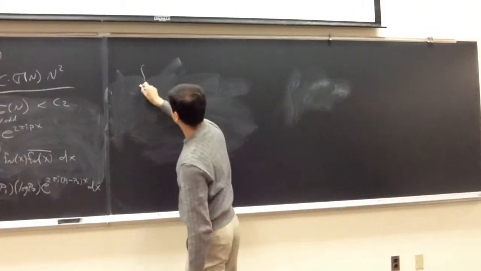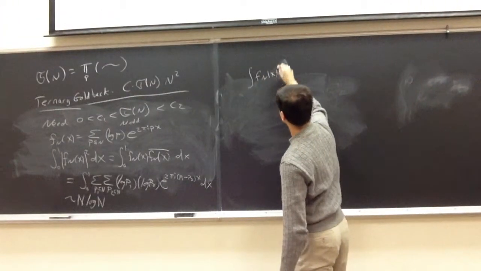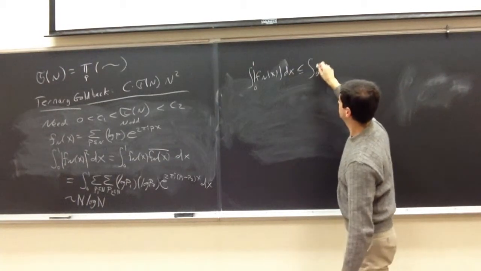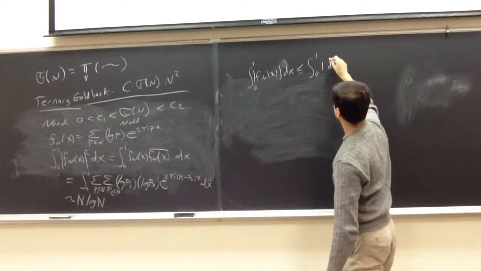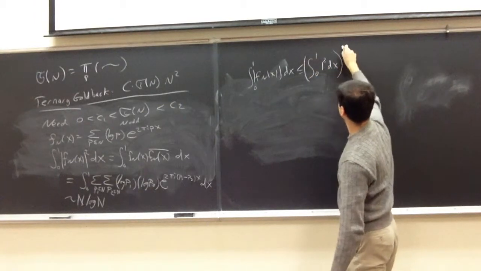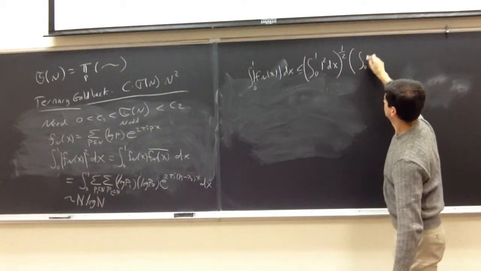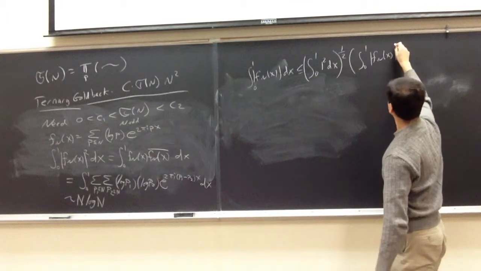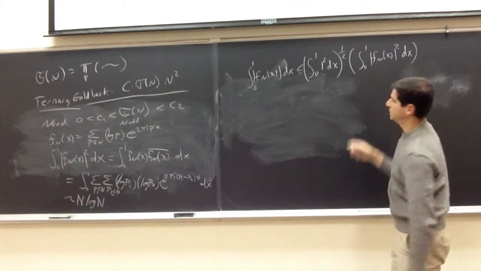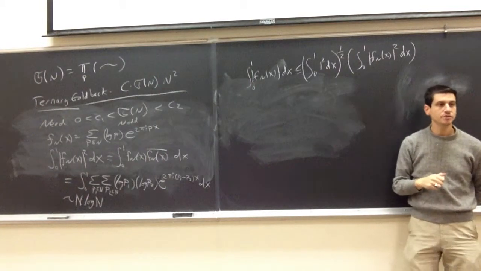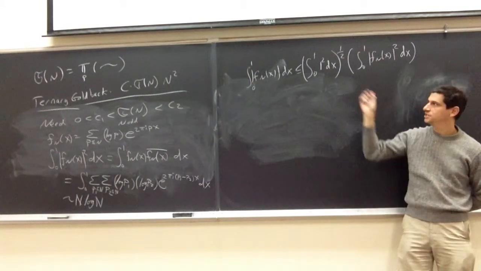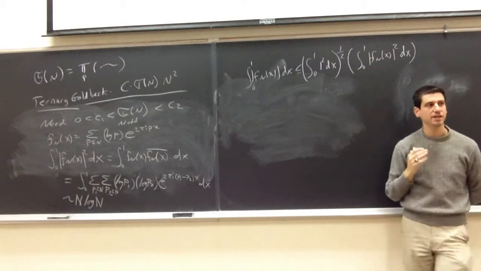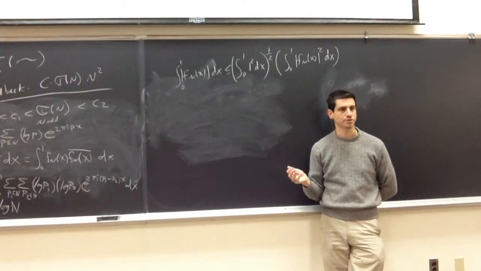So if we looked at the integral of |f_n of x| just to the first power dx, this is less than or equal to the integral from 0 to 1 of 1 dx, well, actually, it's 1 squared, and then the integral from 0 to 1 of |f_n of x| squared dx. So in terms of getting an upper bound, Cauchy-Schwarz is very nice. Whenever you have a finite interval, you should think Cauchy-Schwarz.